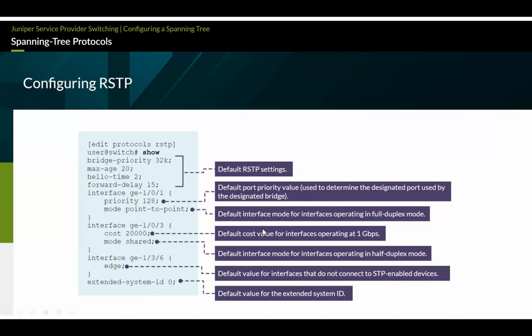If any device is running in half duplex mode, you can configure the mode as shared. If you confirm all your interfaces are running in full duplex mode, then you can configure the mode as point to point.